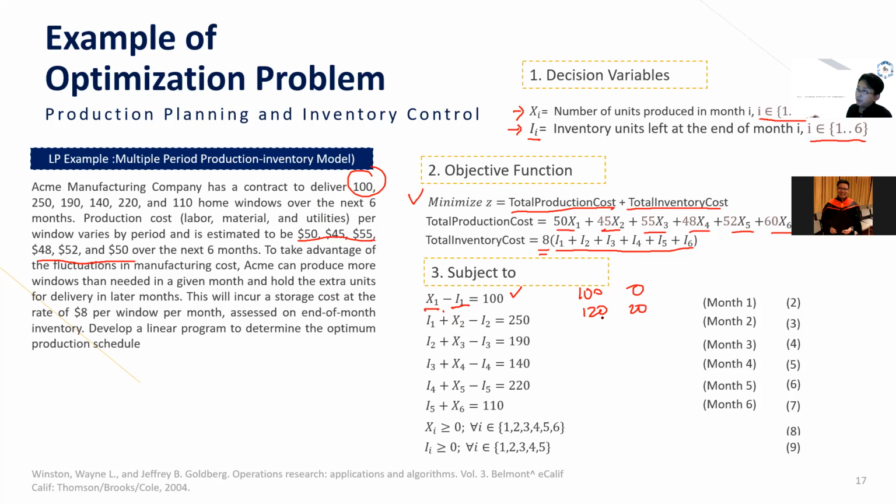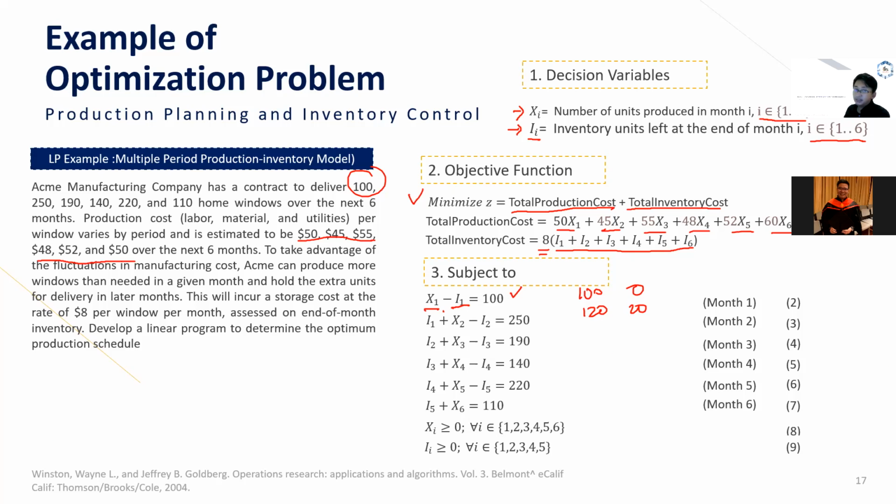You want to produce more, it means you will suffer from a higher production cost, but you might consider that the production cost is lower for that month, so you put that as inventory and use it for the following months.